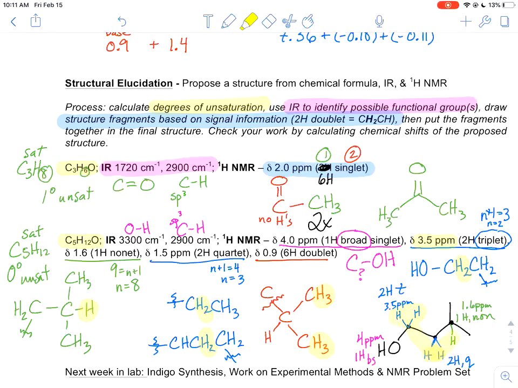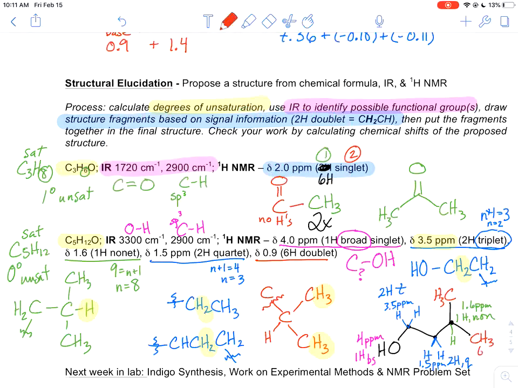This is how we end up with a quartet. The chemical shift was at 1.5. We're a little bit closer to that oxygen, but not so high that it really increases the chemical shift that much.